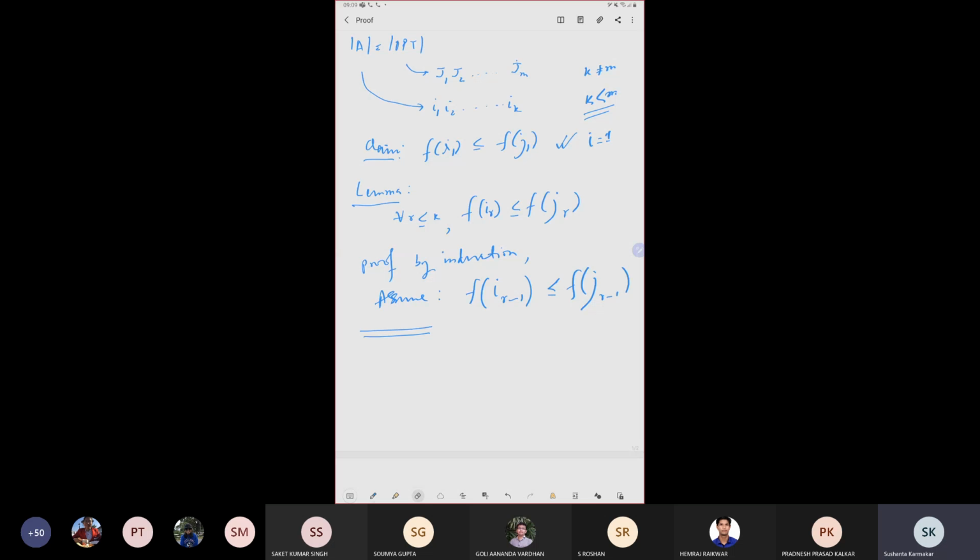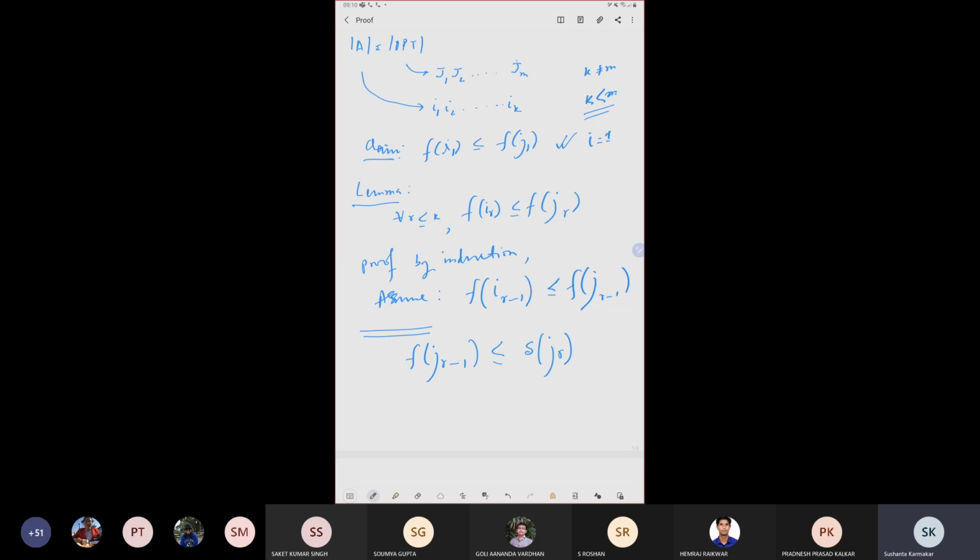I can write that f of J R minus 1, that is the finish time of R minus 1th interval as accepted by the optimal, that must be smaller or equal to the start time of JR. That means I'm now looking at the optimal algorithm and just looking at the two intervals that are inserted one after another.